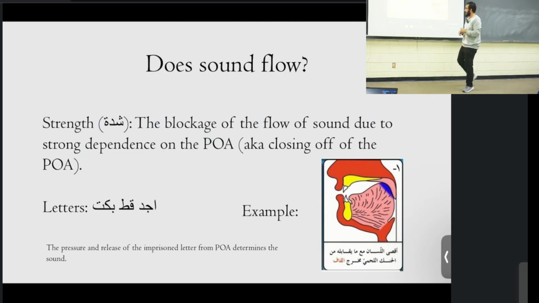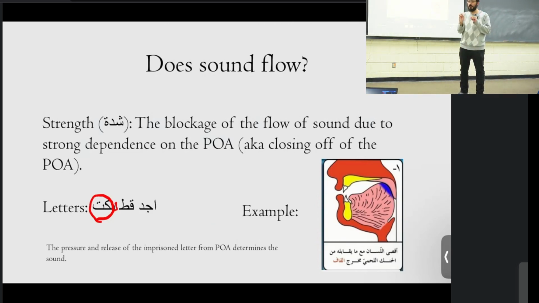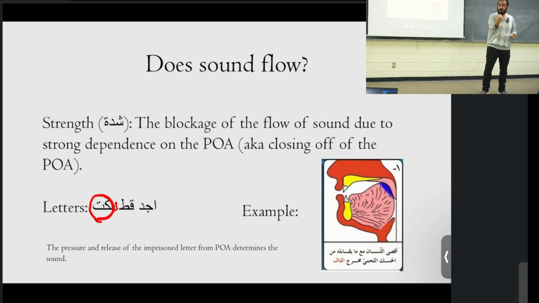The question we asked here last time, and I don't know if people remember or can come up with the answer: the kaf and the ta here are letters where air flows, but they're also here where sound does not flow. So the question was last time, how can a letter, the sound doesn't flow, but air flows?